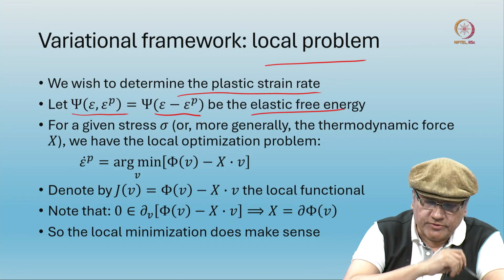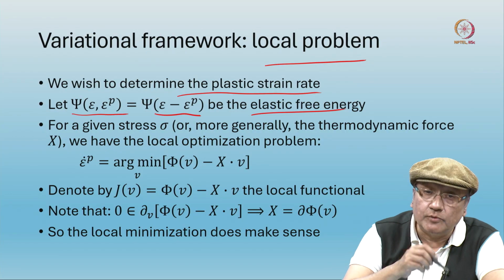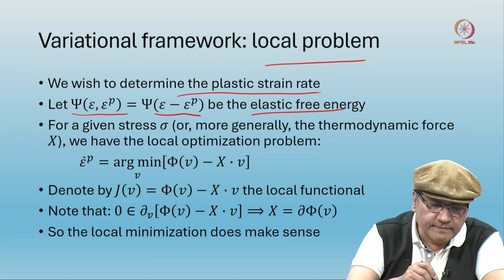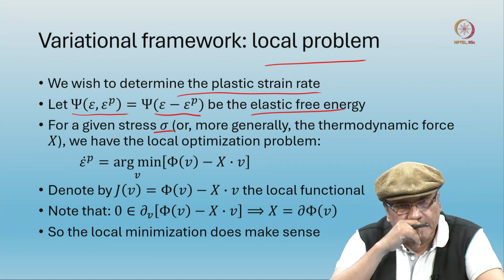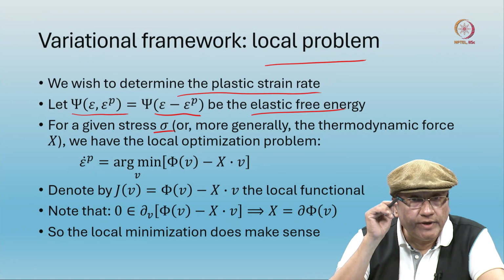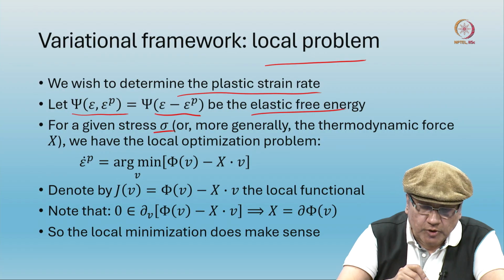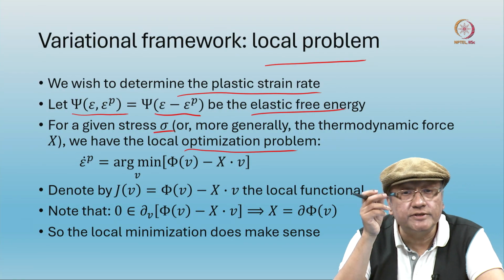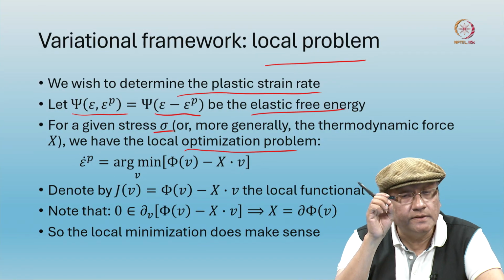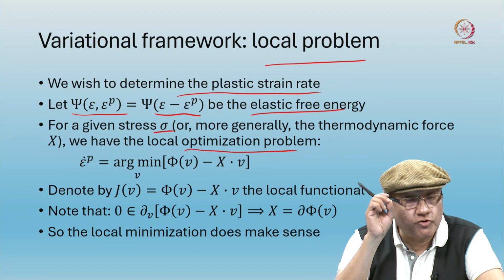Now, for a given stress, or more generally the thermodynamic force X, for a given stress sigma, we can solve the following optimization problem. This is a local problem to determine epsilon p dot, the plastic strain rate.